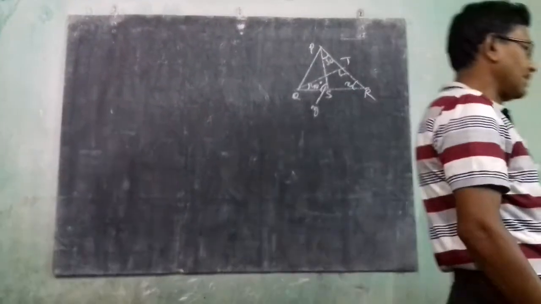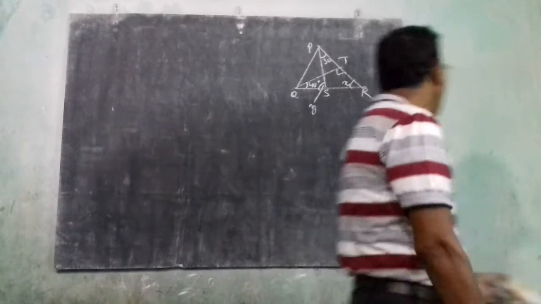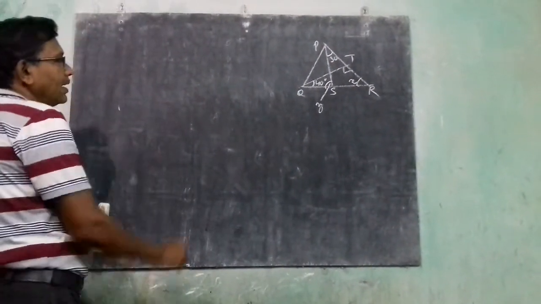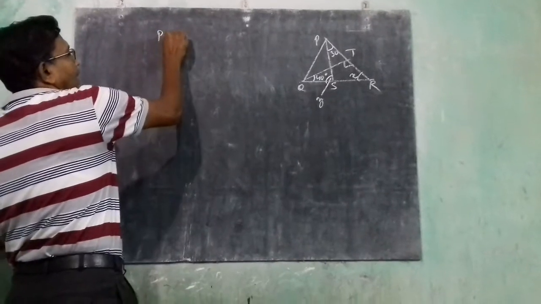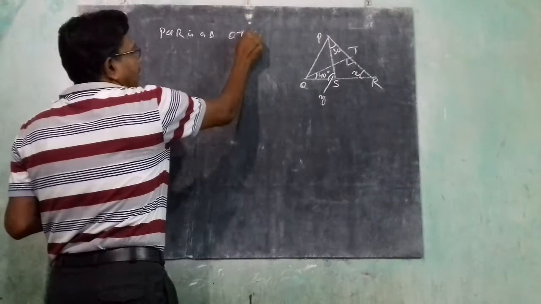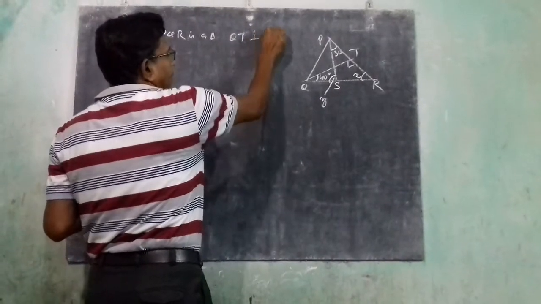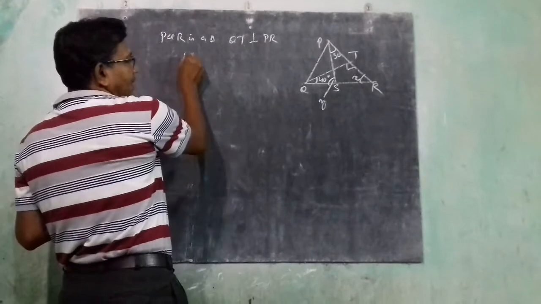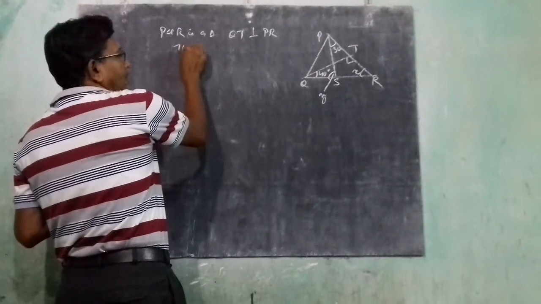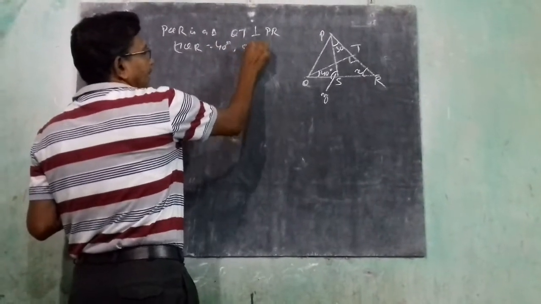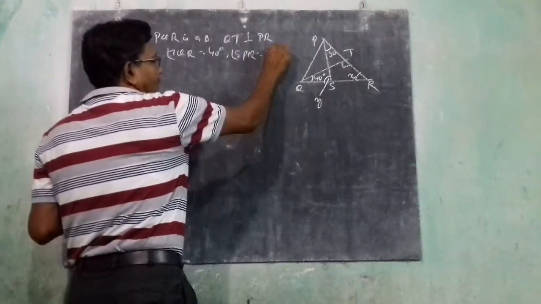Now look at the triangle. Given PQR is a triangle and QT is perpendicular to PR, angle PQR is 40 degrees and angle SPR is 30 degrees.